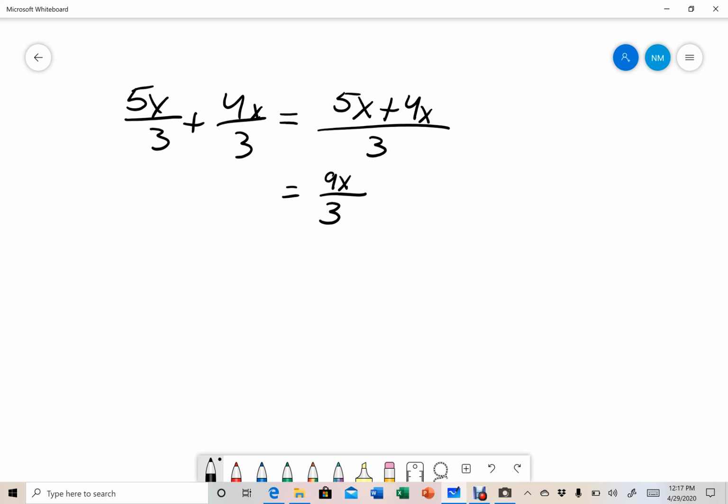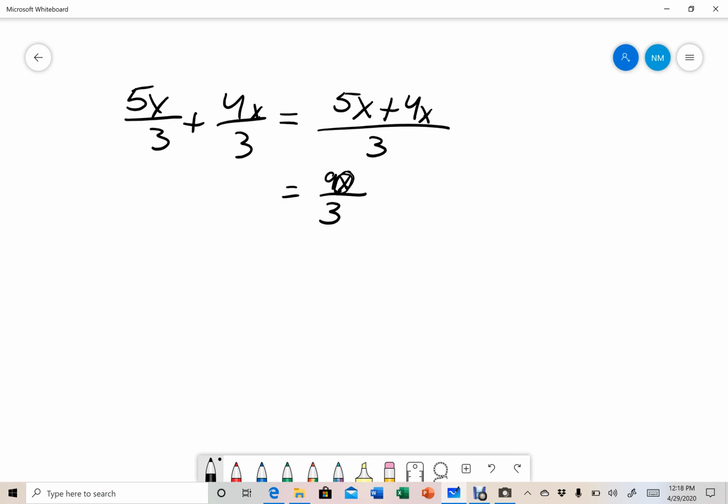And by adding those terms together, the exponent does not change. It remains as it is on the terms that we're adding together. So this is not 9x squared. This is 9x, meaning this is all of my x terms added together. So do not change the exponents when we're adding these together.